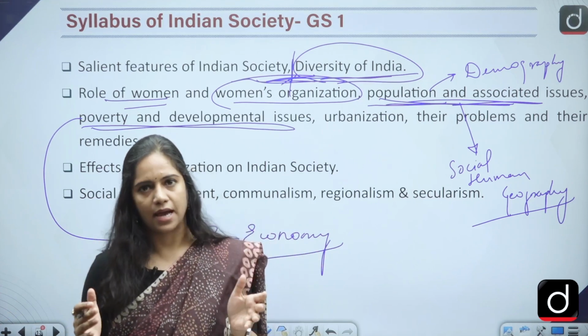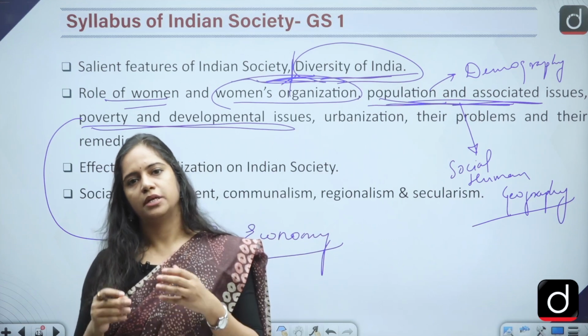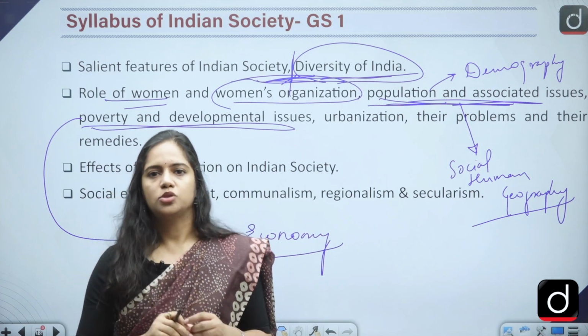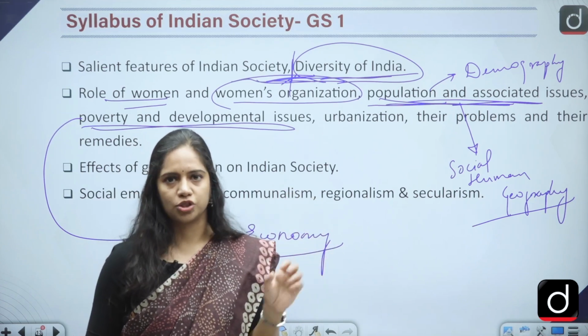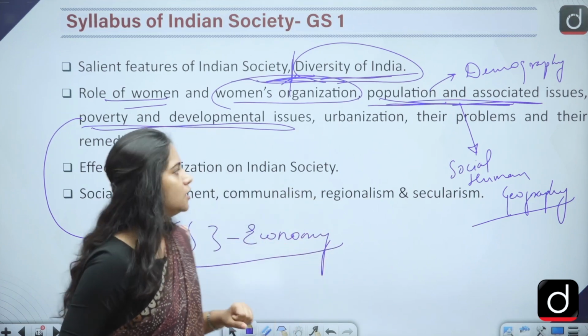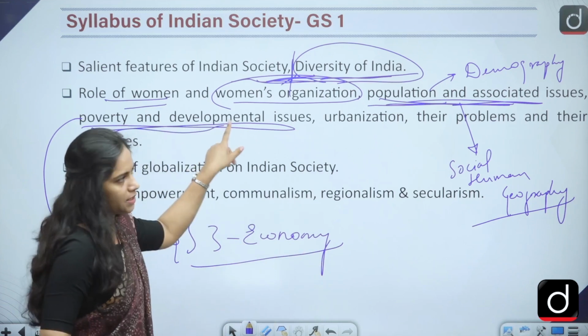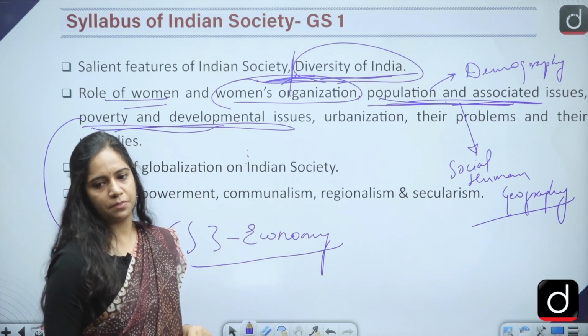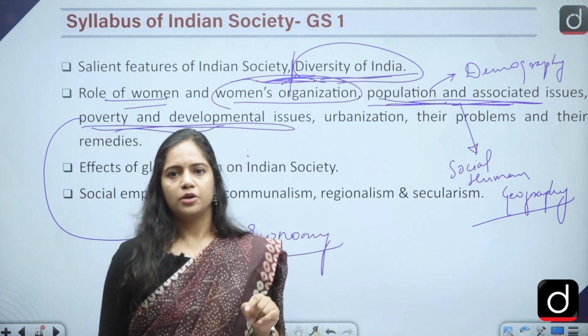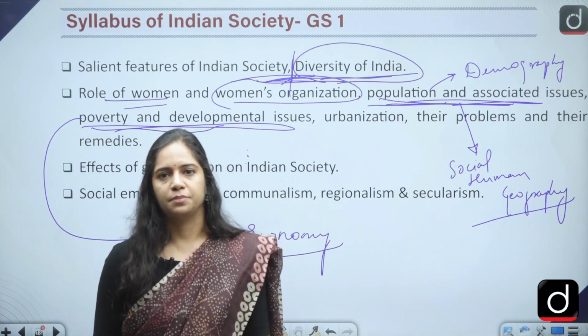If you have this knack to judge the question, the demand of the question, you need to understand the syllabus and under which heading the question comes from. So now you know that poverty and developmental issues are there in Indian society also, and if the question comes in GS paper 1, do not jump that why poverty is being asked in GS paper 1, okay?